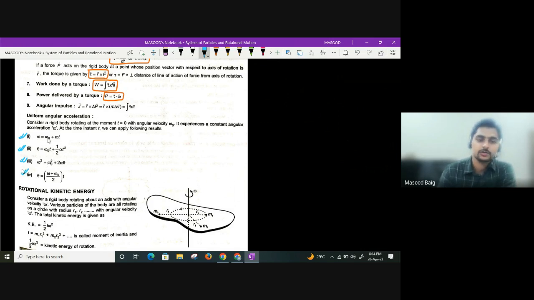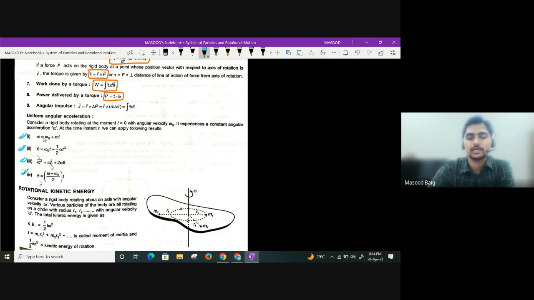Final angular speed will be initial angular speed plus angular acceleration into time interval. Angle rotated will be initial angular speed into time interval plus half alpha t square. Final angular speed square should be initial angular speed square plus 2 into alpha into angle rotated. Always remember omega should be written in radian per second. And angle rotated can also be given as (omega plus omega naught) by 2 into t. You can write it from this concept again.